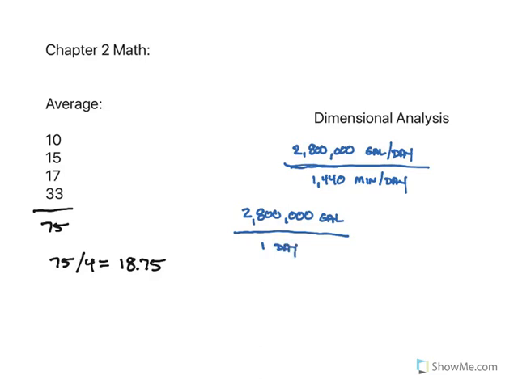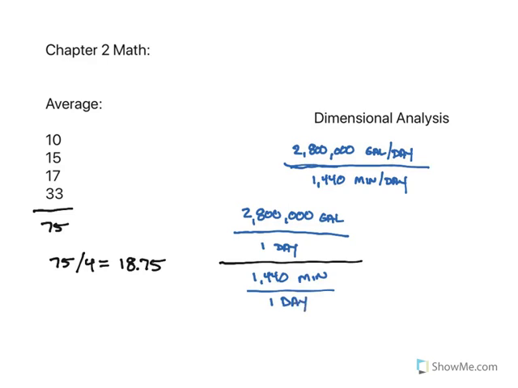And then at the bottom of our division problem, we have 1,440 minutes per day. So if we wrote it like this, it would be kind of confusing, but this would be correct. 1,440 minutes per 1 day.